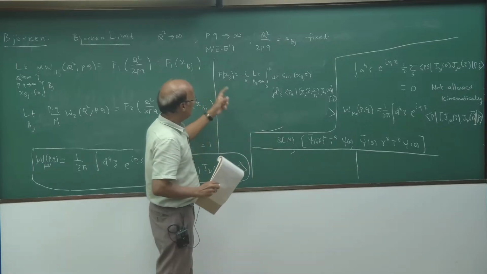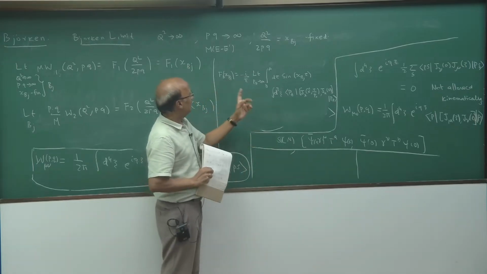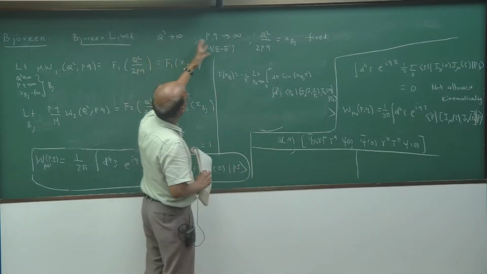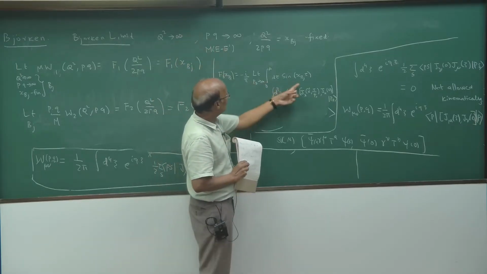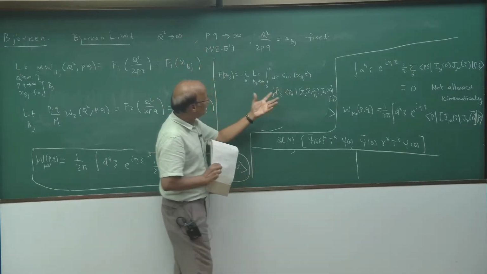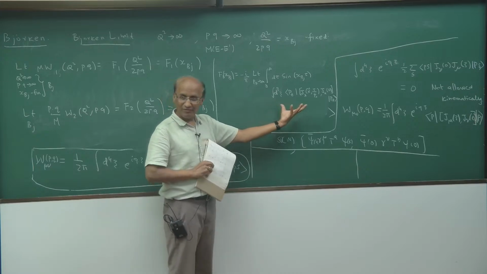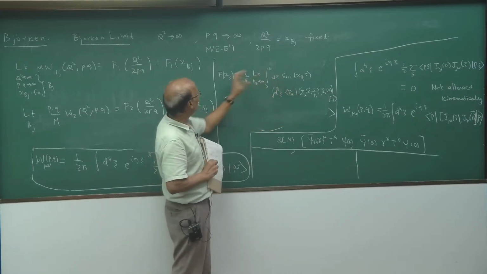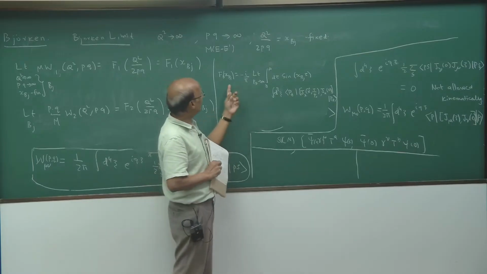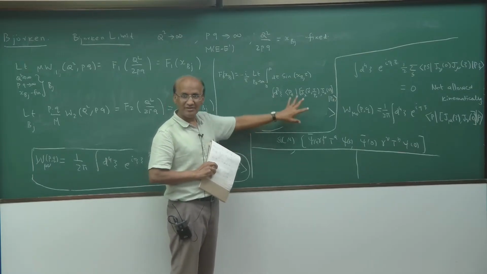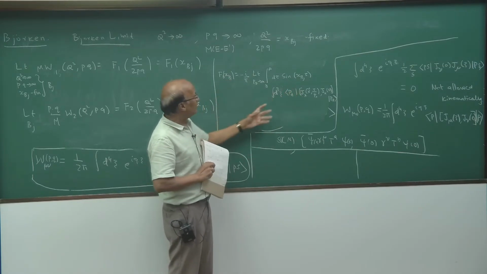By doing manipulations in certain limits, you could show that the entire integral reduces to a simple looking form, from which you can deduce that it's not a function of two invariants, but only the ratio of these two invariants. Similarly, you can write down F2.